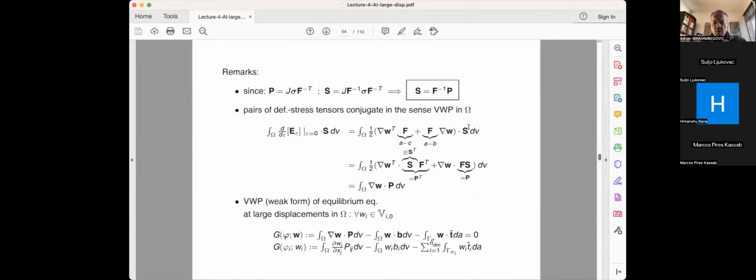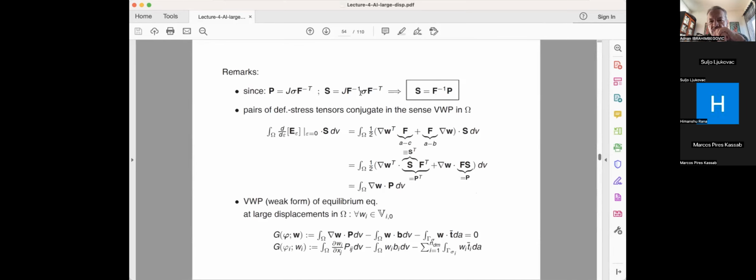So basically, we have said that the second Piola-Kirchhoff stress is replaced in the weak form with the first Piola-Kirchhoff stress, which is equal to J times sigma F minus transpose, as opposed to S being J times F minus 1 times sigma F minus transpose. So these two stresses are not the same, and they should not be, because one is replacing the true stress in the strong form and the other one in the weak form.